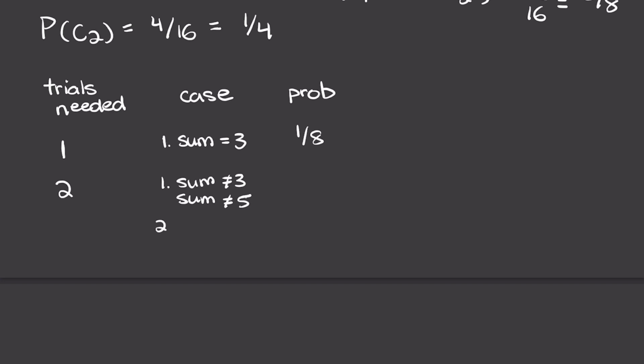On the second trial, we want the sum to equal 3. So on the first trial, it's neither sum equals 3 nor sum equals 5, which is that 5/8 that we had. And on the second one, we have sum equals 3, which is the 1/8.